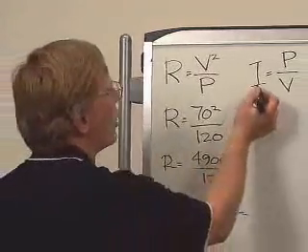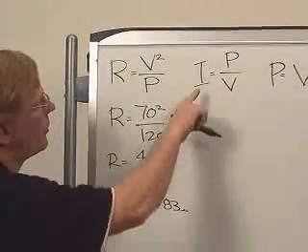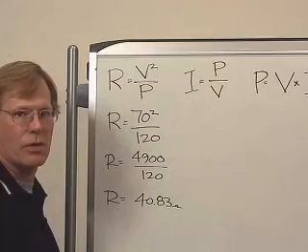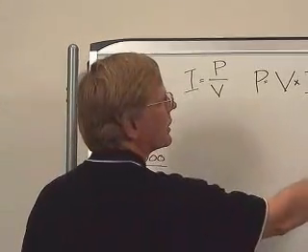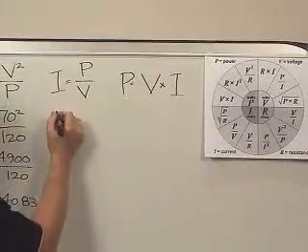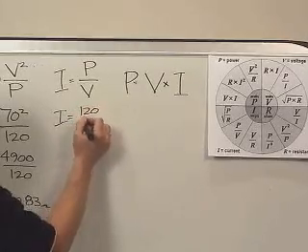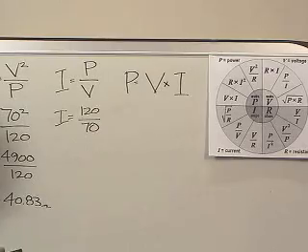Let's see if we can figure out the current here, and we'll use the same numbers that we had a moment ago. I want to figure out what the current is with this 120 watts that we had before, and also the 70 volts that we had before. It says I can take the power and divide it by the volts. So my current here, our power was 120 watts divided by the 70 volts that we had in the circuit.